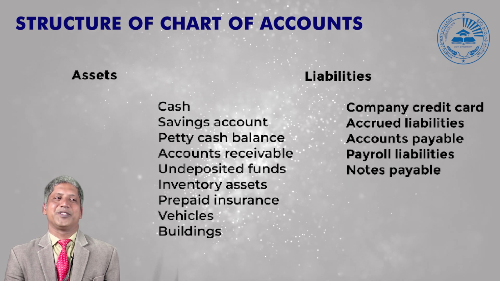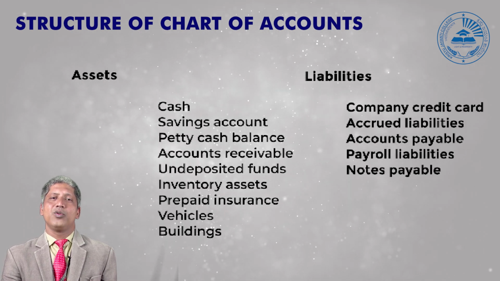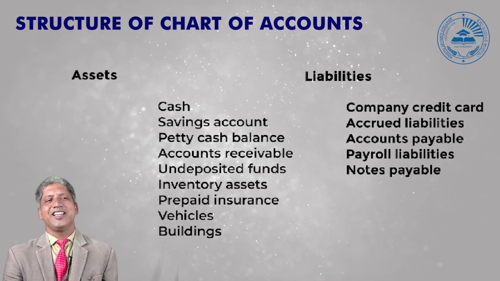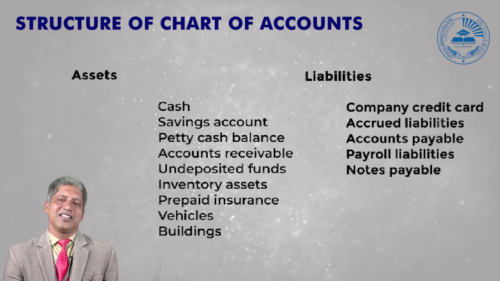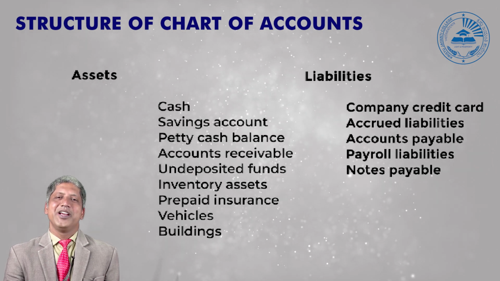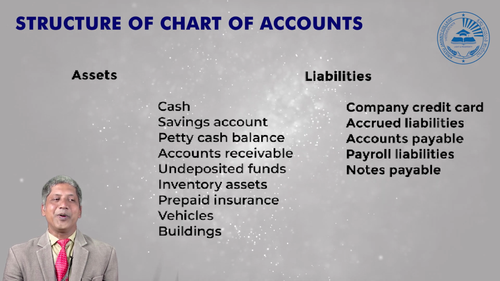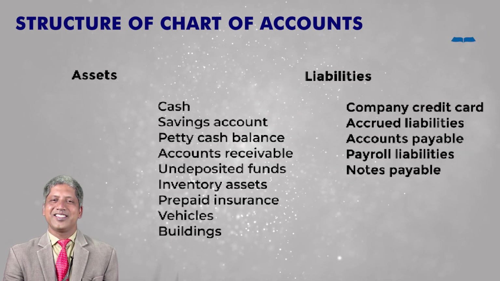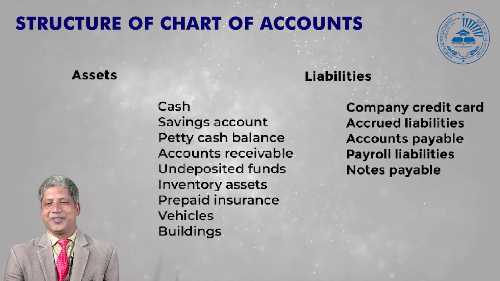As I told you, one company may have assets as one category, liabilities as another category. When it comes to the assets, their subcategories are cash, savings account, petty cash balance, accounts receivable, undeposited funds, inventory assets, prepaid insurance, vehicles and buildings.